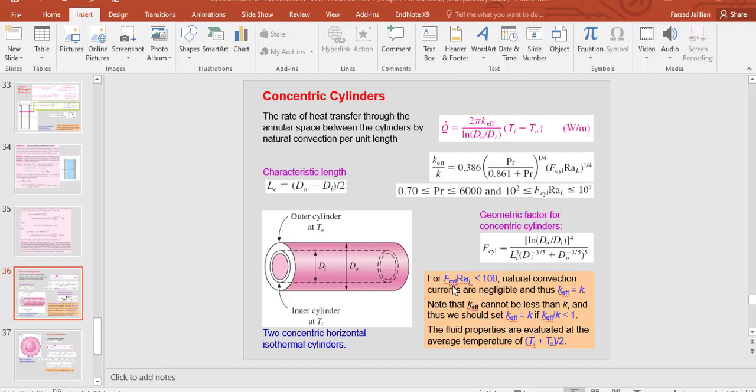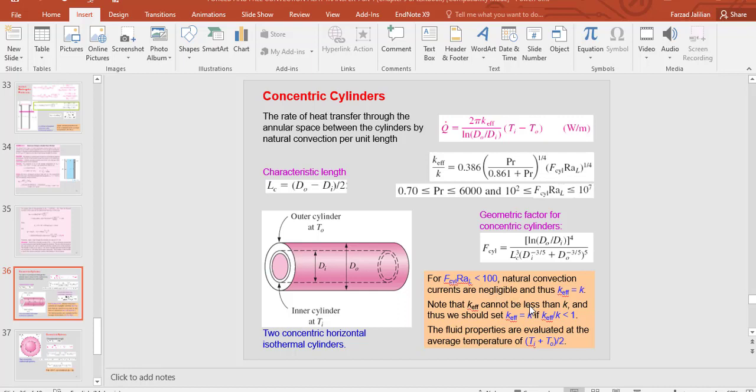And also we have some special cases. When F cylinder times Rayleigh number is lower than 100, natural convection currents are negligible and the K effective will be equal to K. In other words, we don't have natural convection. Also notice that the K effective cannot be less than K, which is the thermal conductivity of the fluid here.